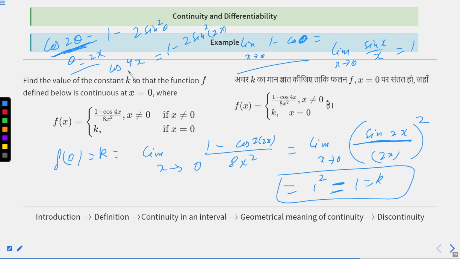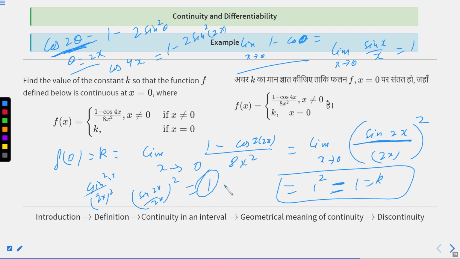Now this will be 2 sine square 2x divided by x square. This will be just 4, so 4 will be 2x whole square. This means sine 2x by 2x goes to 1 whenever x tends to 0. So you have just 1, and your value for k will be just 1.